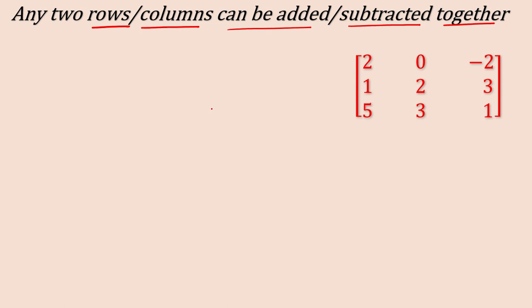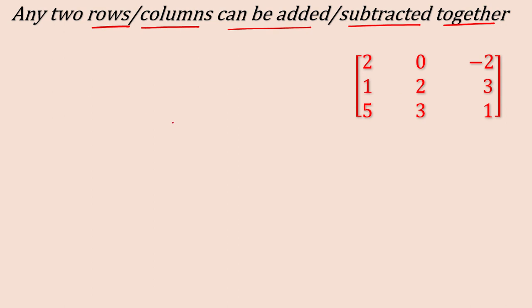If we want to make it 3, we can add these two elements: 2 plus 1 will become 3. But in a matrix we cannot add just two elements. We'll have to add or subtract the entire row.